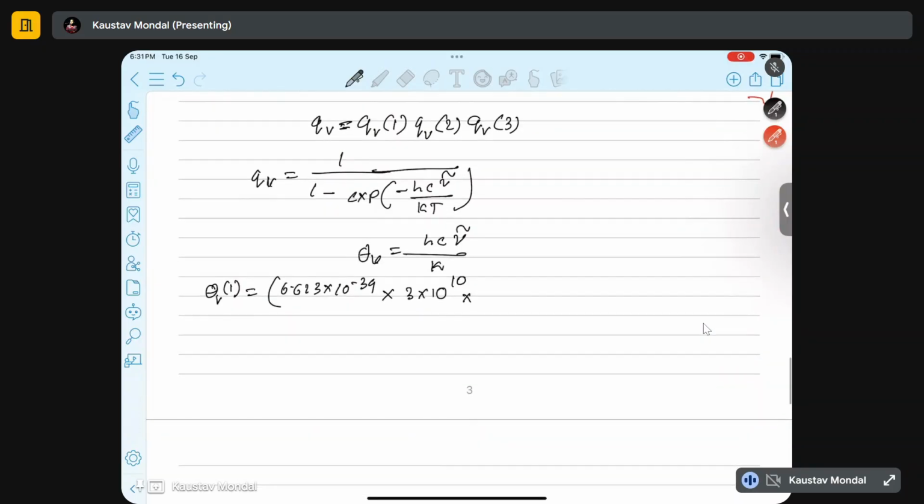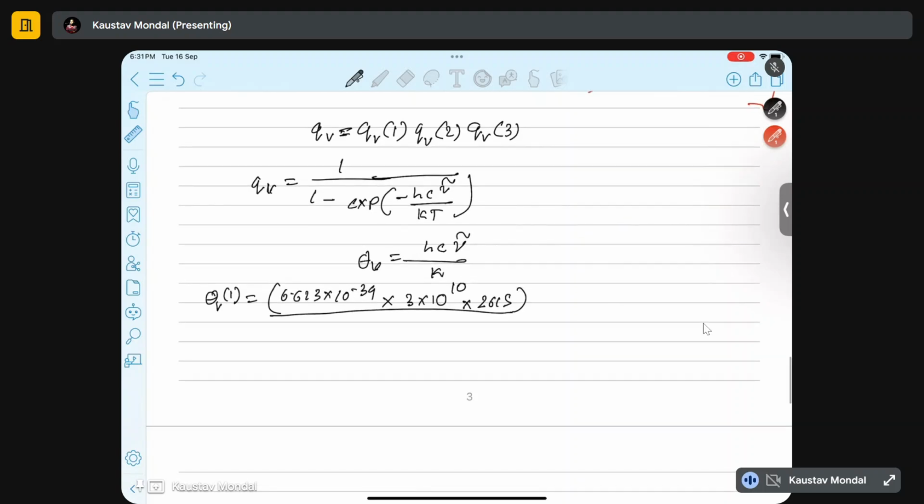The wave number here is 2615, divided by k, which is 1.38 into 10 to the power minus 23.